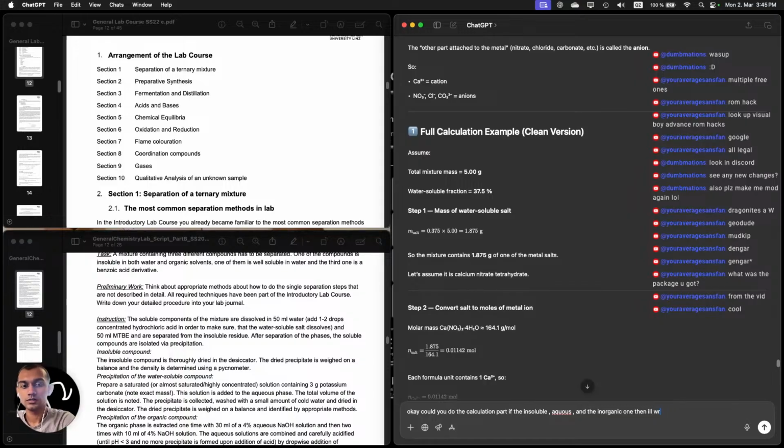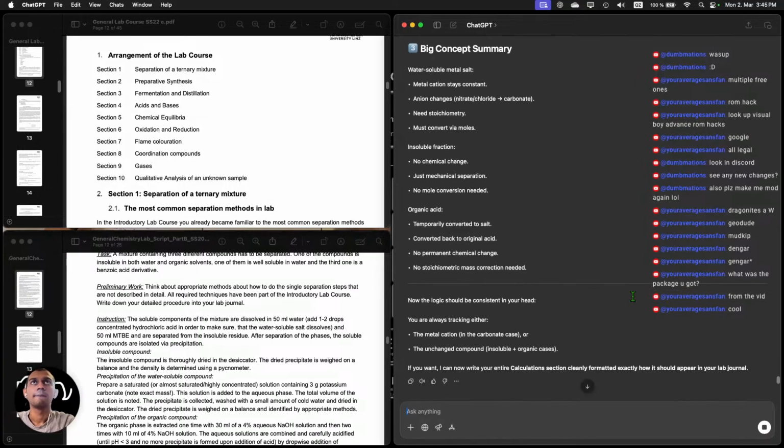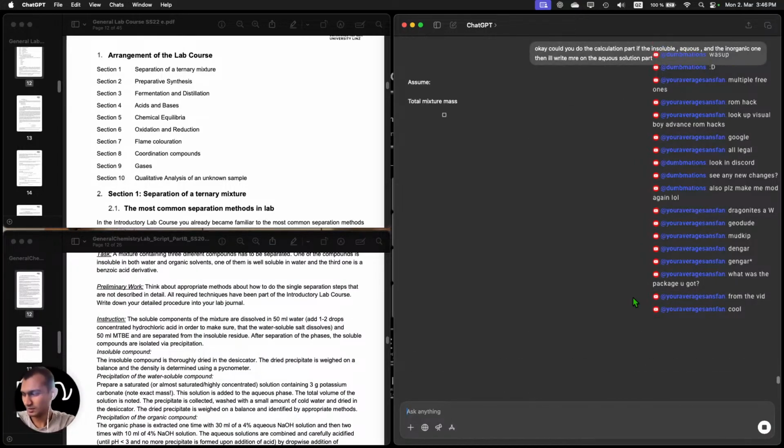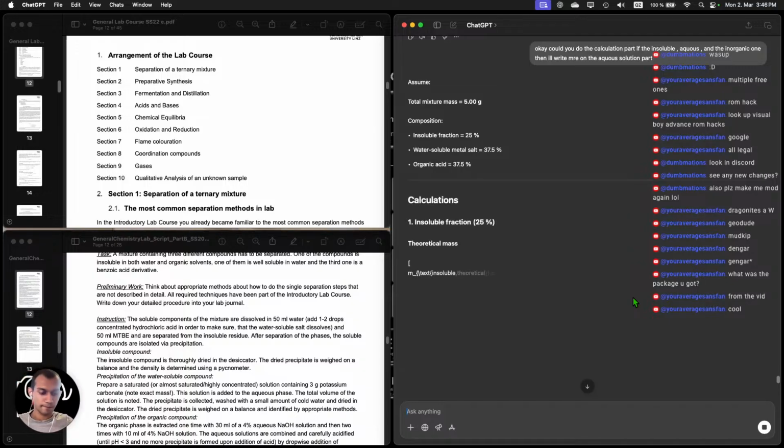I'll write more on the aqueous solution part. Come on. I'm still not writing it. Still researching. Can you even call this researching?